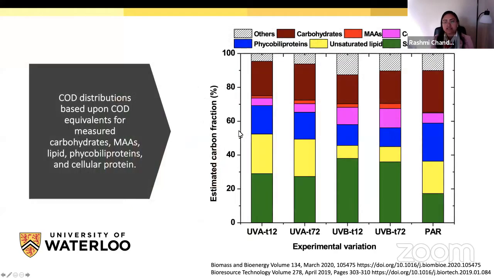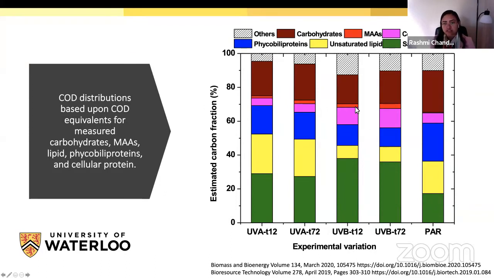And after that, I did a mass balance. This is based on the COD mass balance, where we convert everything into COD: carbohydrate, MAAs, cellular proteins, phycobiliproteins, and everything. Then we see how our mass is moving from one part to another.